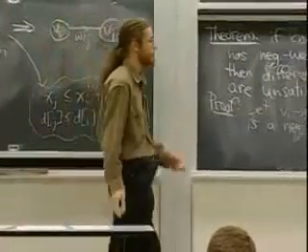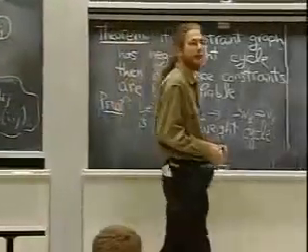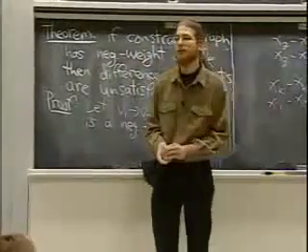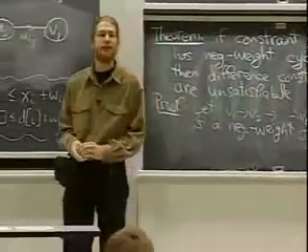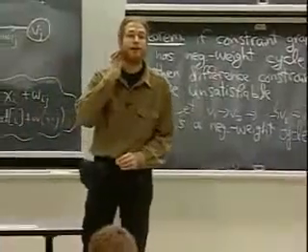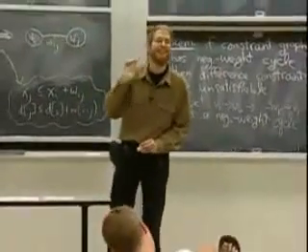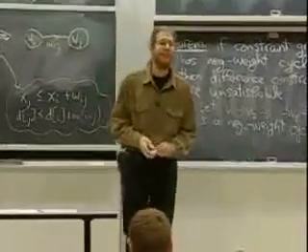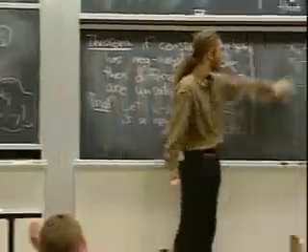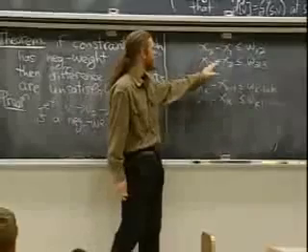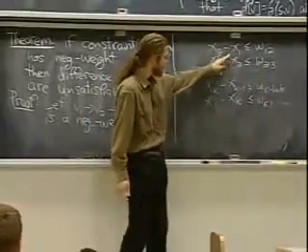Anything interesting about these constraints, say the left-hand sides? Telescopes, yes, good. Everything cancels. If I added these up, there's an x2 and a minus x2. There's an x1 and a minus x1.